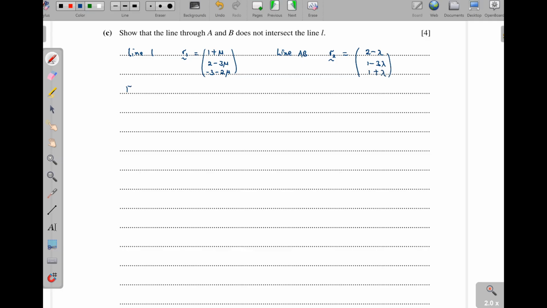So for intersection, they have the same x, y, and z coordinates, don't they? So we shall then equate this one to this one here.